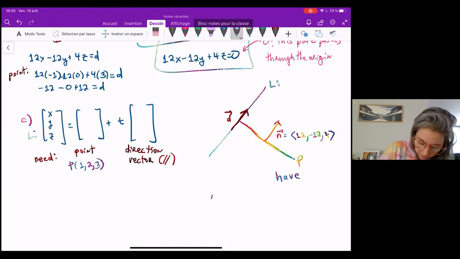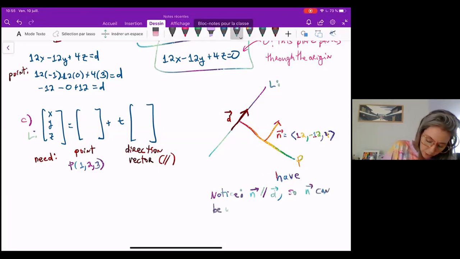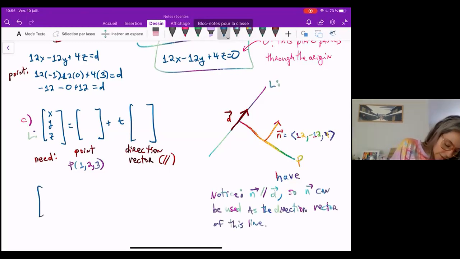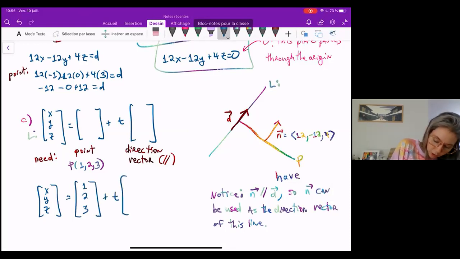So let's notice here, N is parallel to D. So N can be used as the direction vector of this line. So in other words, I have x, y, z is equal to my point 1, 2, 3 plus t times my direction vector 12, negative 12, 4.